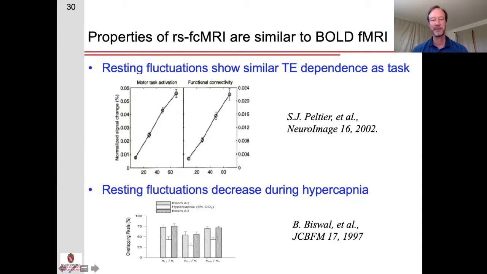This is actually the same thing you see during task activation as well with the BOLD response. And the reason for that is that CO2 is a very potent vasodilator. And so if you give somebody CO2 to breathe, it increases their resting blood flow and actually drives out some of that deoxygenated blood. And so there's less change that you see during the activation.